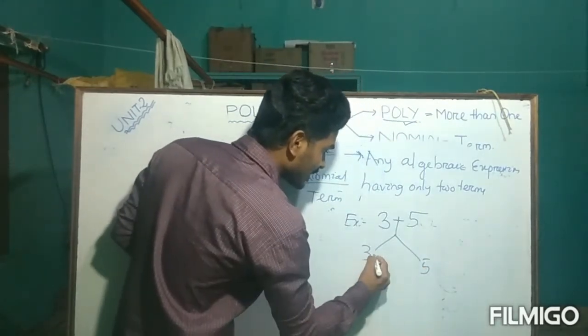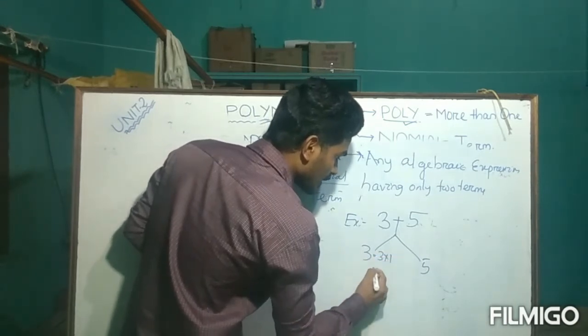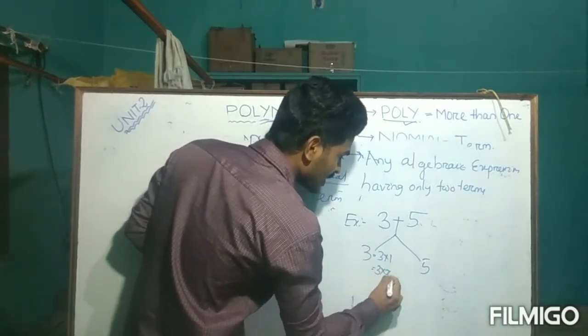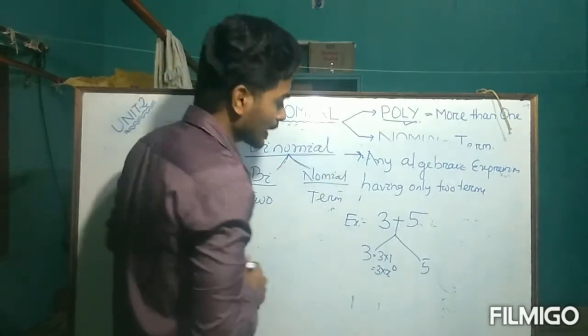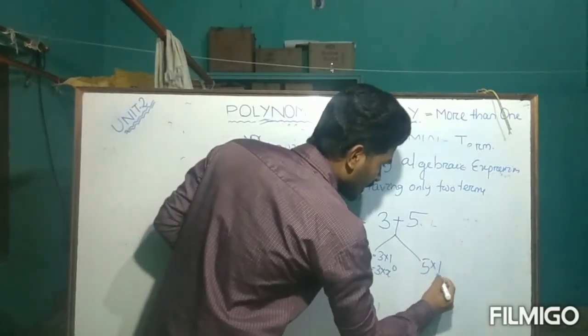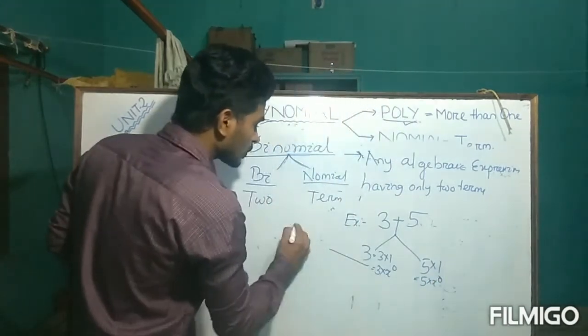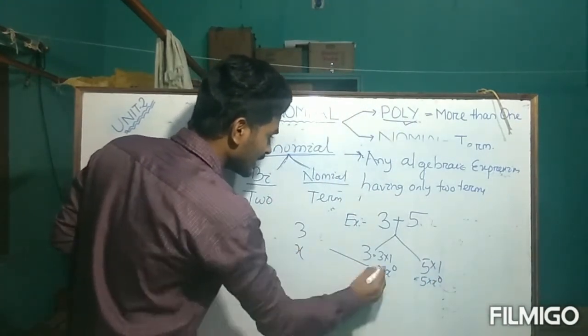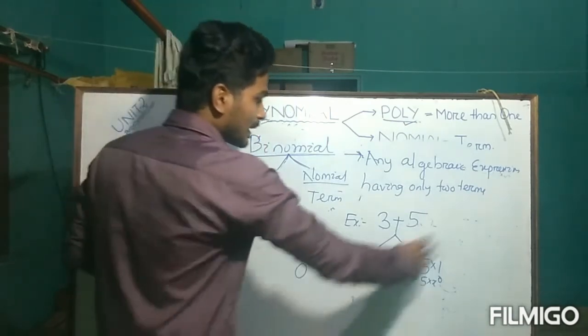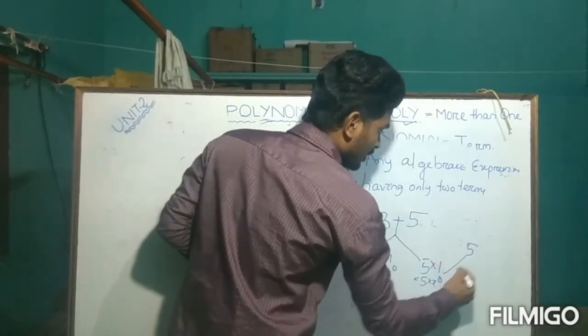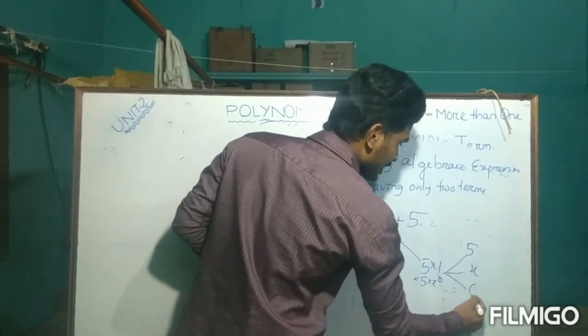3 can be written as 3 into 1, that is 3 into x to the power 0, as we know. 5 can be written as 5 into 1, that means 5 into x to the power 0. Here coefficient 3, variable x, exponent 0. Here coefficient 5, variable x, exponent 0.